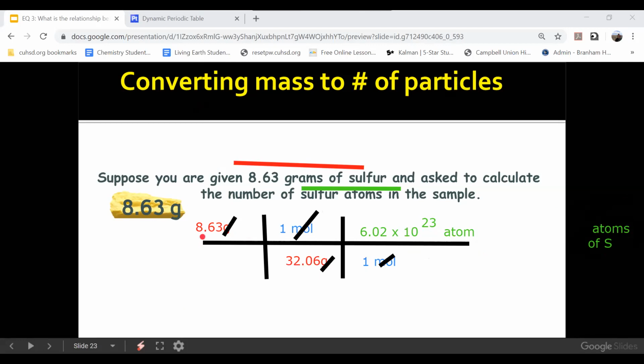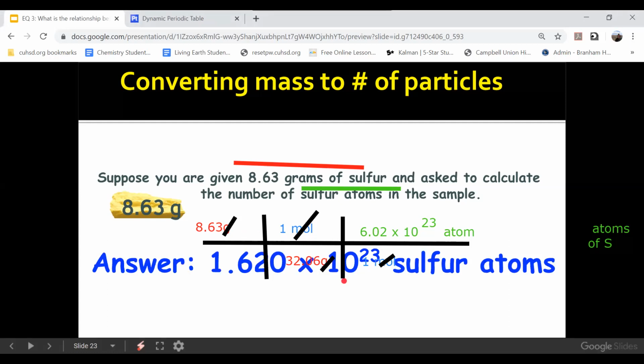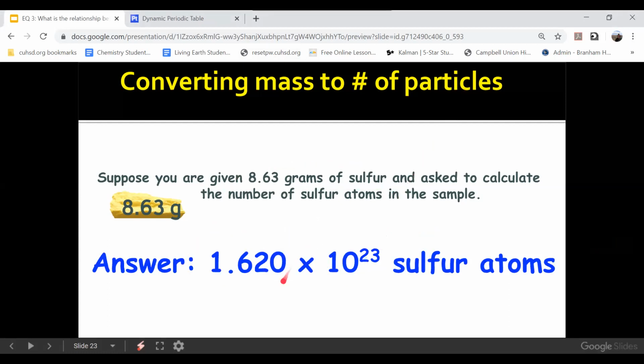You're going to take your original starting 8.63, multiply it by 6.02 times 10 to the 23rd, and then divide that number, whatever you get, by 32.06. What you should get is 1.620 times 10 to the 23rd sulfur atoms. So you should get this number in your calculator, or very close to it, because sometimes they round a little bit. That's what you should be getting.